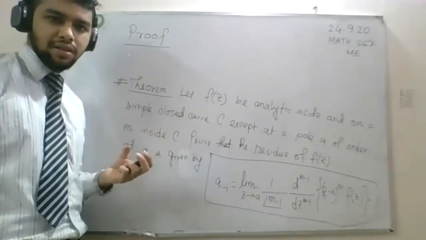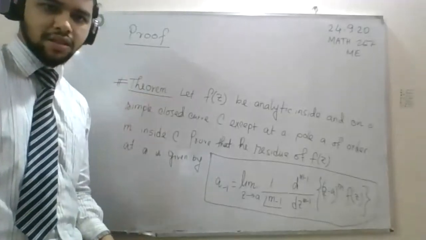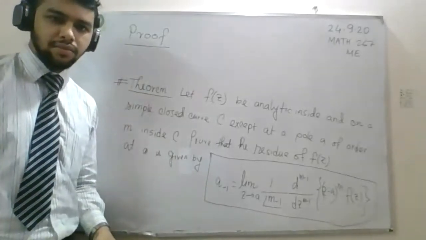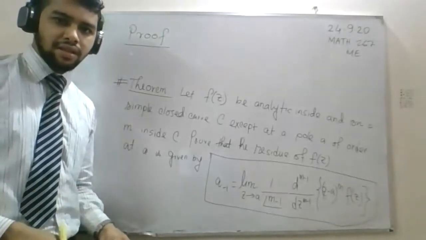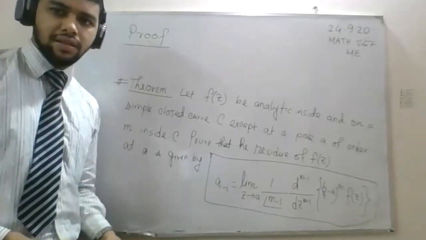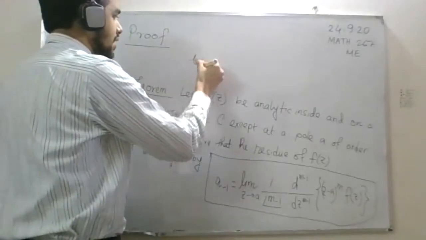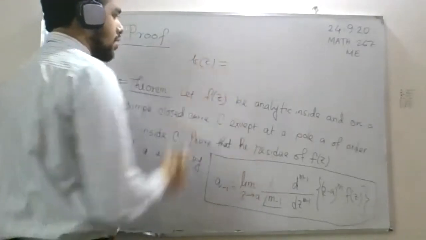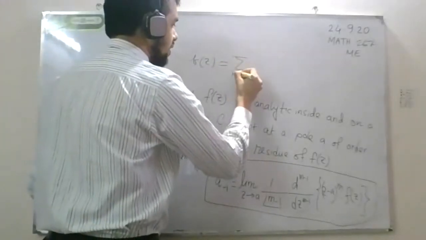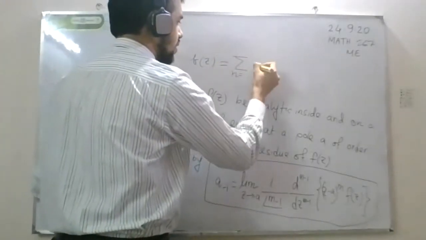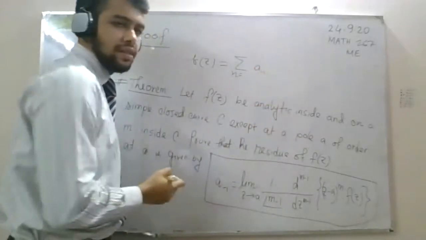Do you remember the formula of the Laurent series of a complex function? I told that in my previous classes. Okay. f of z equals summation of n equals minus infinity to infinity.